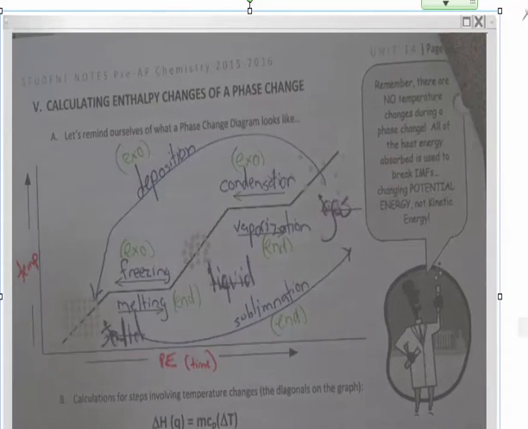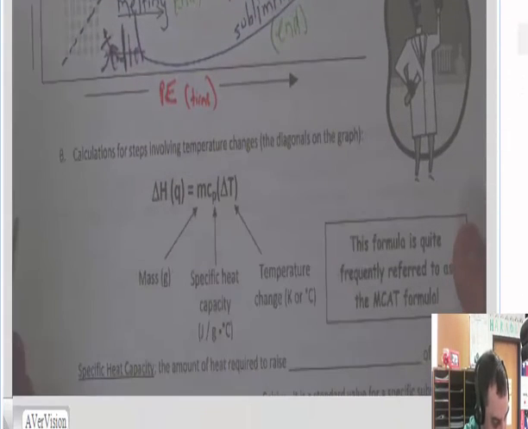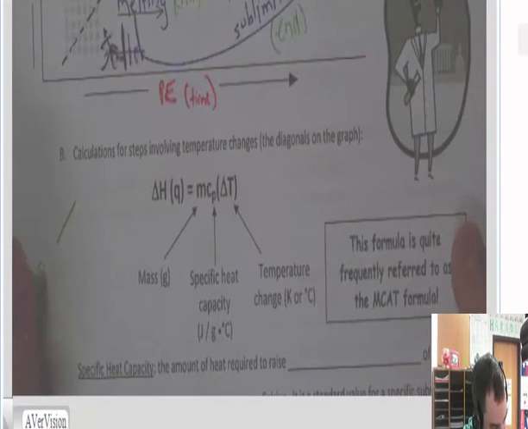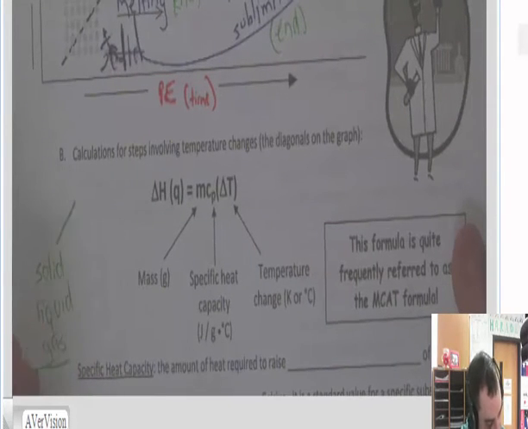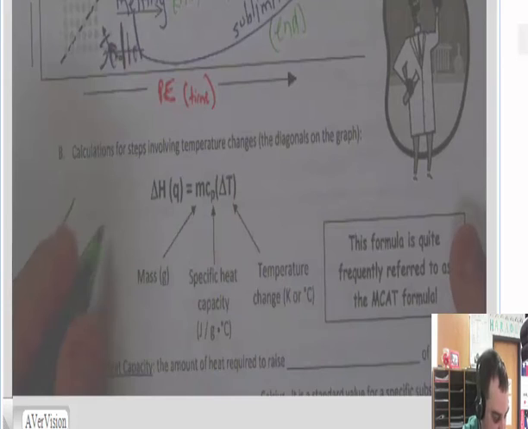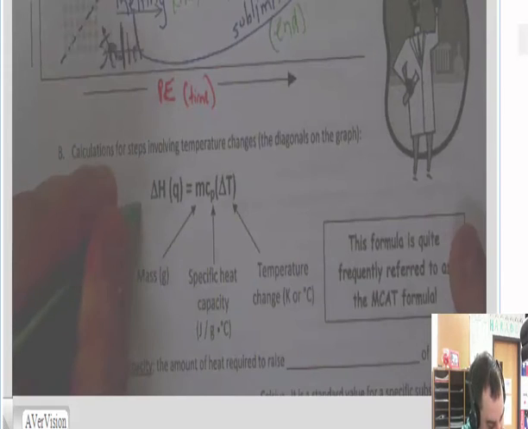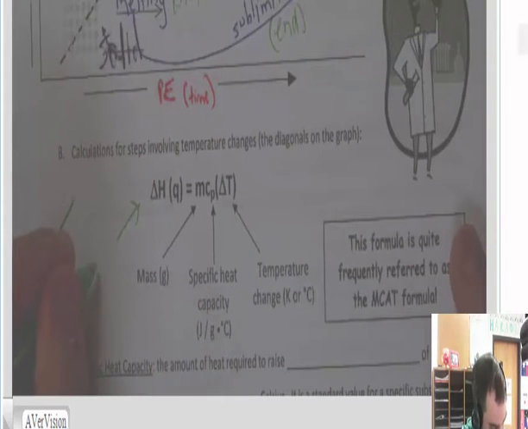But we're going to use steps for solving for the diagonals in the graph here. The diagonals in the graph look like that. Those are the solid, liquid, and gas. We're going to use this equation here. Delta H equals mCp delta T. Delta H is the change in heat, which is called the enthalpy.